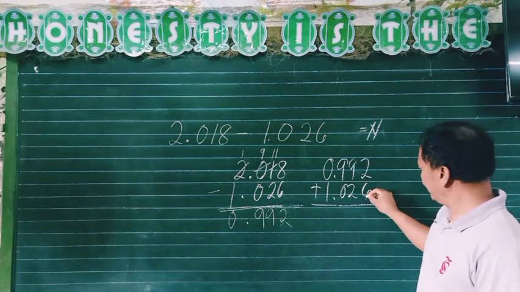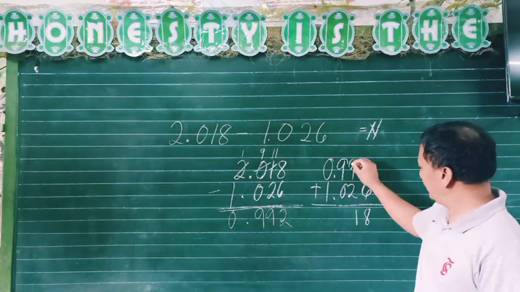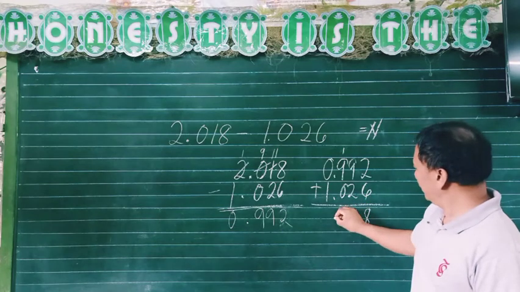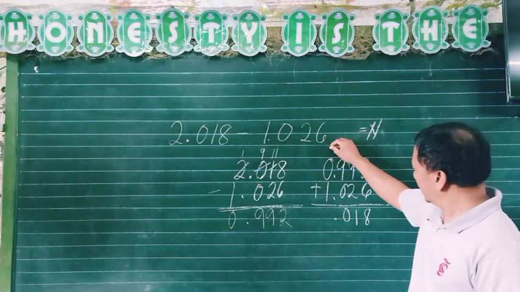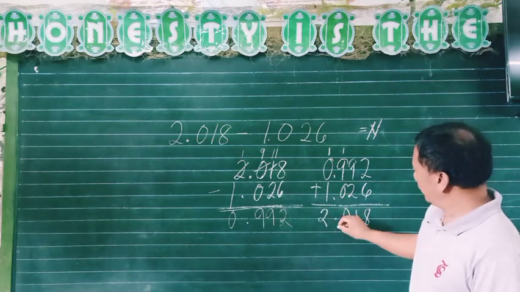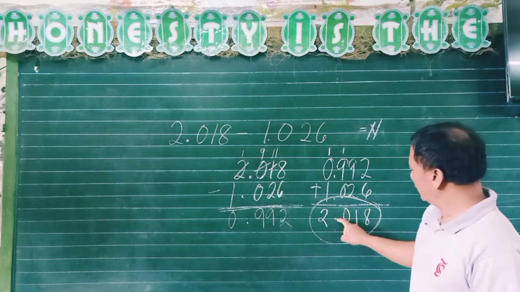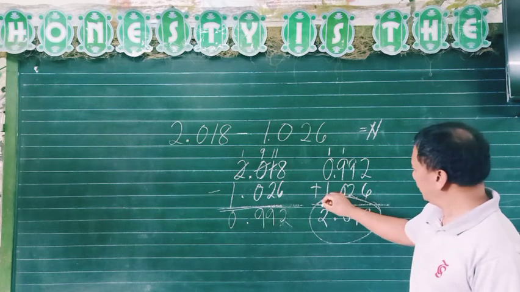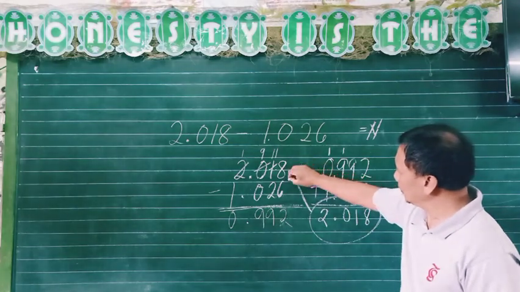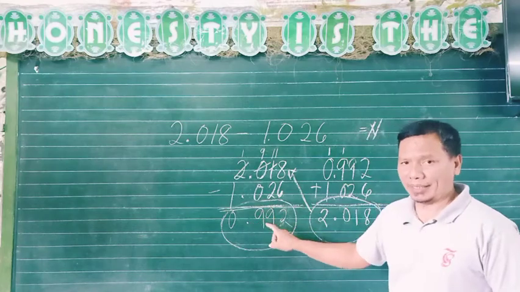So you add 2 plus 6 equals 8, 9 plus 2 equals 11, 1 plus 9 equals 10, and then 1 plus 1 equals 2. So if you get your minuend as the sum of your answer and your subtrahend, meaning your answer here is correct.